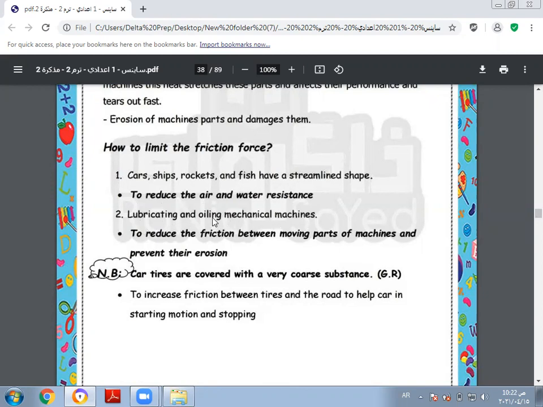Why do I lubricate and oil mechanical machines? To reduce the friction between moving parts of machines and prevent their erosion. As we said before, car tires are covered with a very coarse or rough substance to increase friction between tires and the road to help a car in starting motion and stopping.